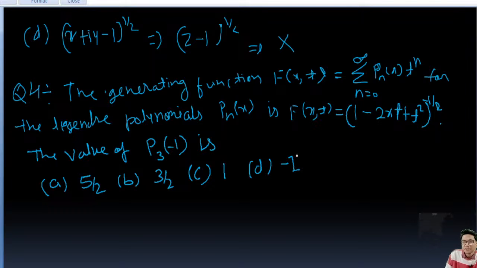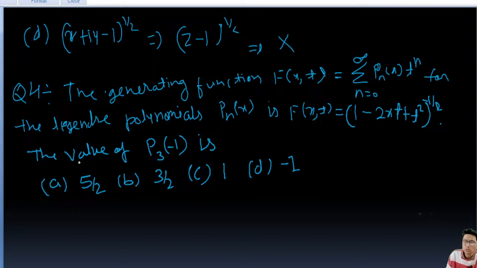This is the question. The generating function is f(x,t) equal to sigma n equal to 0 to infinity P_n(x) t to the power n, equal to (1 minus 2xt plus t square) whole power minus half. You need to find out the value of P3(minus 1).